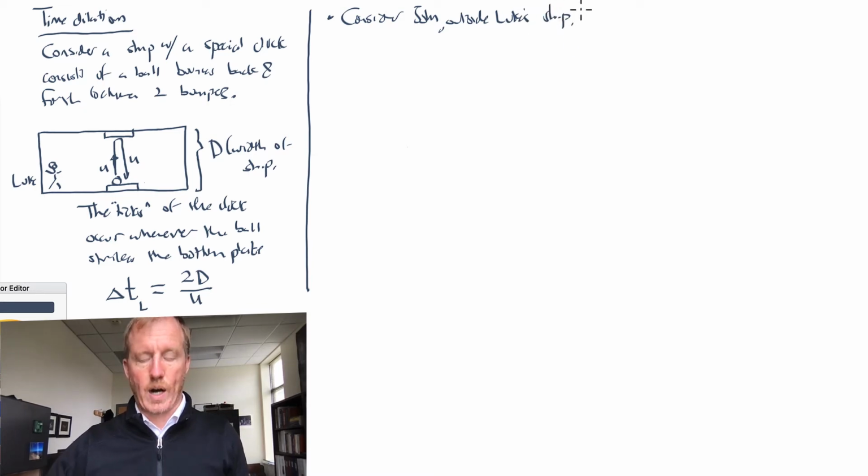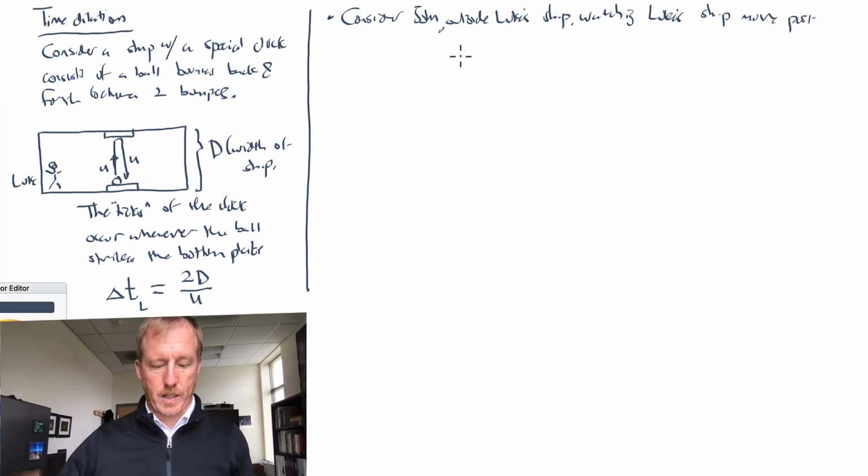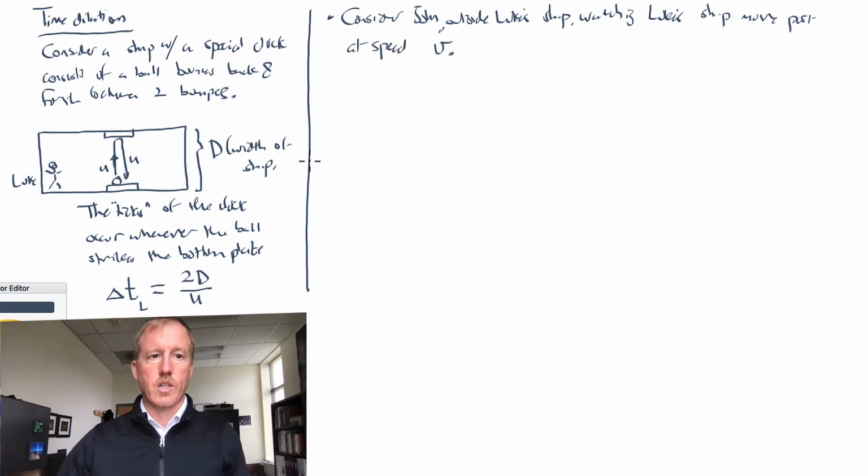And he's watching Luke's ship fly by at some high speed, and we'll call that speed v. Of course, from Luke's perspective, he's sitting still in his ship, and John, who's outside, is flying past in this direction at speed v.